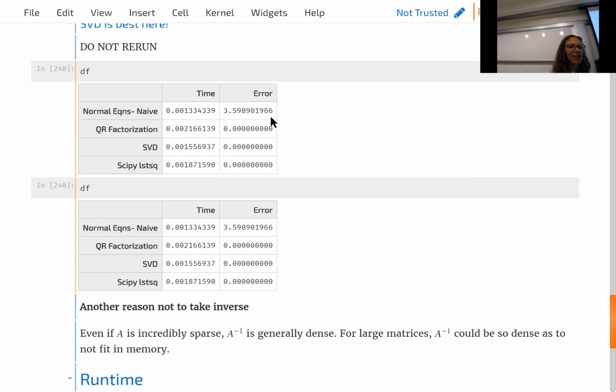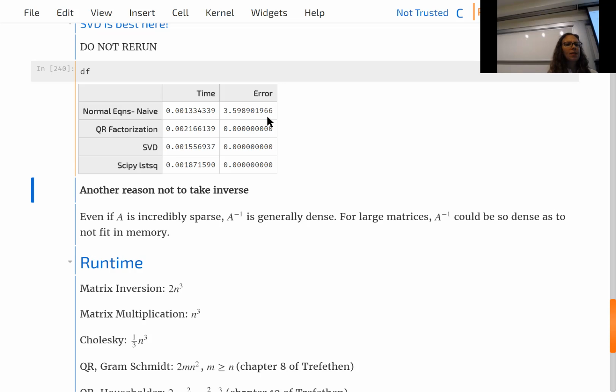So here, we've got this huge error for taking the inverse, which is not surprising. Speed-wise, QR factorization, SVD, and SciPy's implementation are all fairly similar, but SVD was actually fastest.